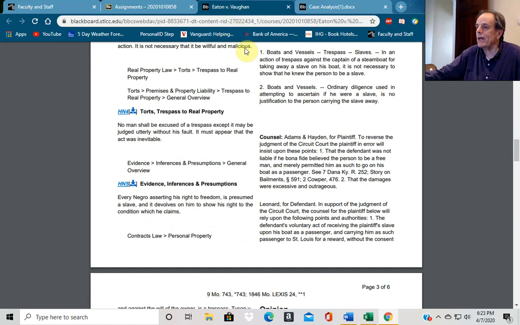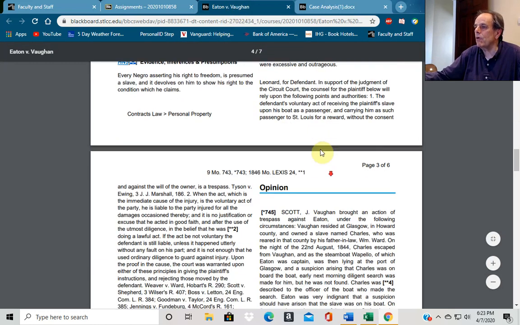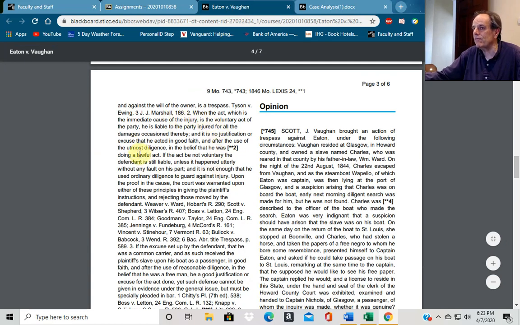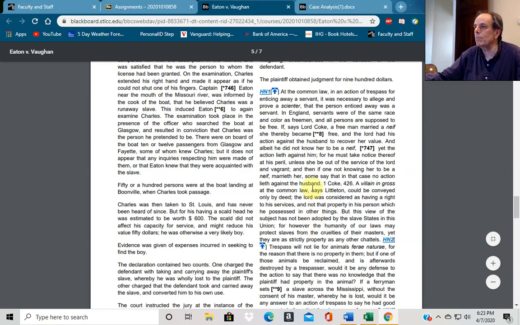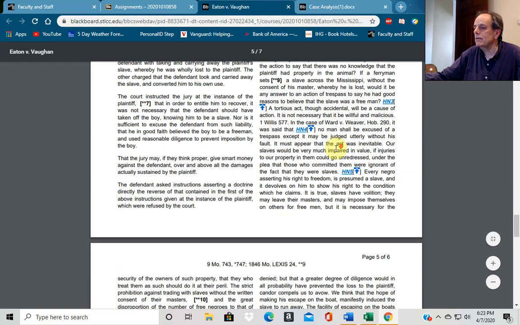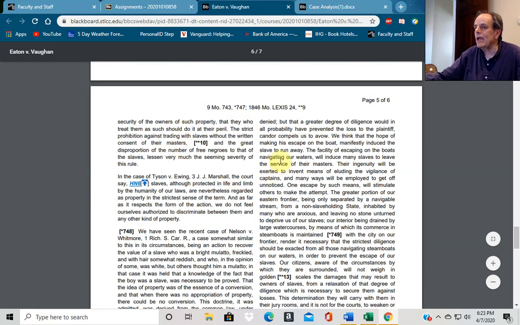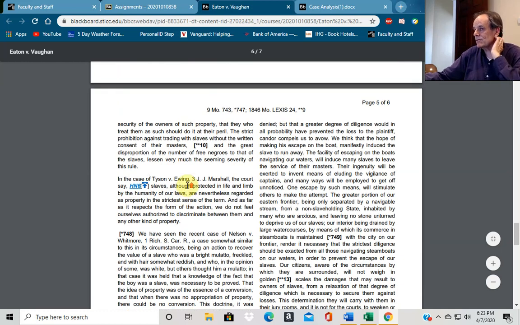Flipping back again, we can see that Vaughn's lawyers put up a lot of arguments, and you're going to find this language mirrored in the case. When you look at the arguments which show up at these points, this is where the court analyzes it, and they look at the case of Tyson versus Ewing.